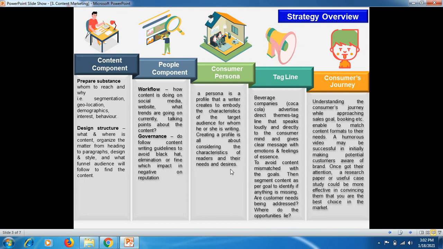Means you must provide a heading which will directly let the customer know what the content is about, and then the subheadings and the paragraphs, how many paragraphs you are looking for, starting from the intro, then the benefits, then the benefits against the competitors, then the extra value you are creating for them, and at last the action to take, because this will help you funnel your audience to you.